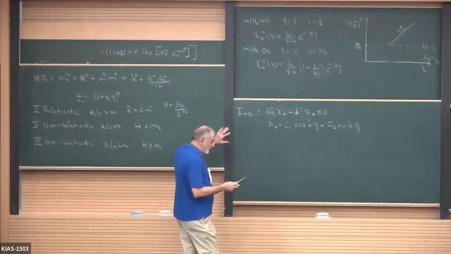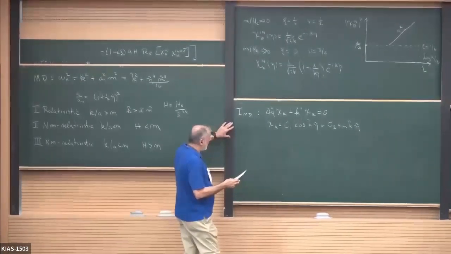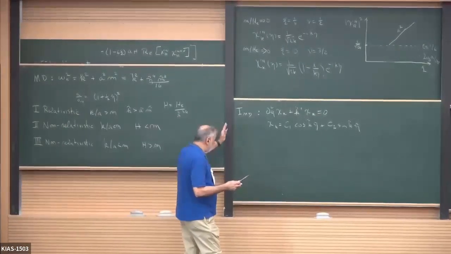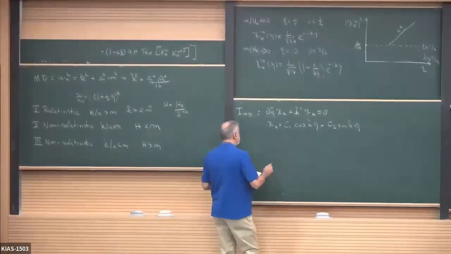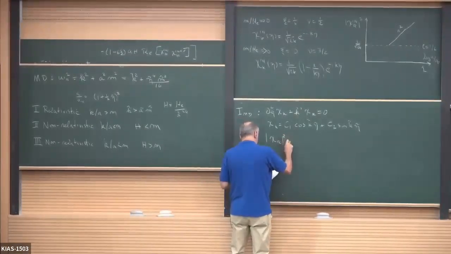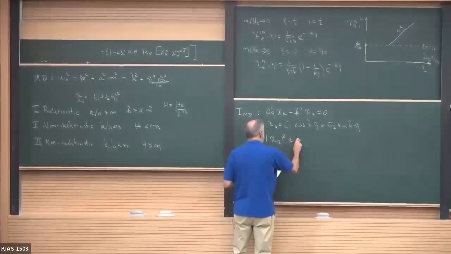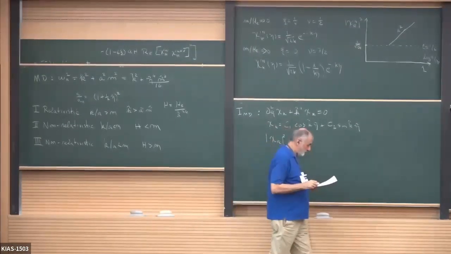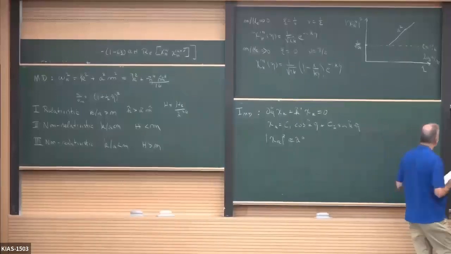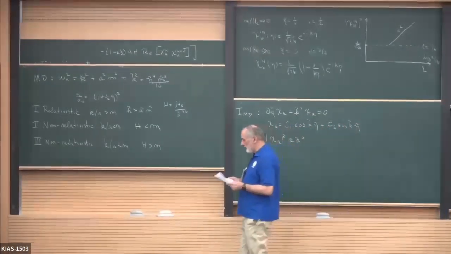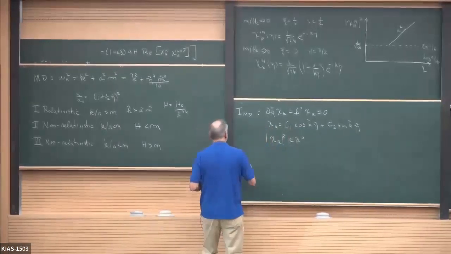And matching to the boundary condition for de Sitter phase, pi k squared would be constant. So that was simple. It's not so simple when I go to the non-relativistic region.